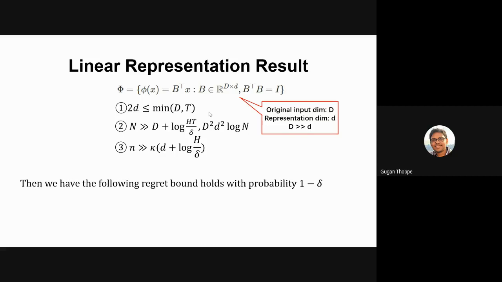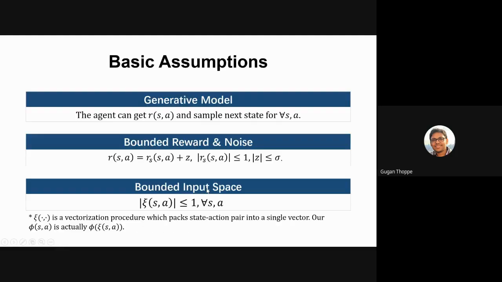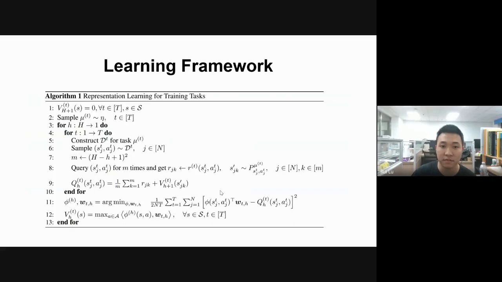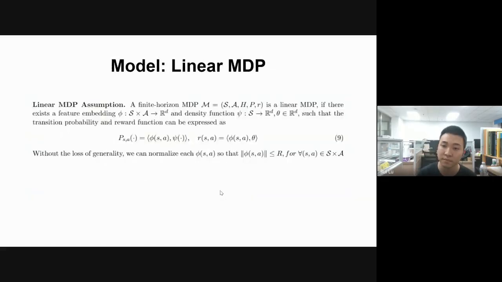Yeah, so can you just go to the initial slides where you had a bunch of assumptions? In particular, you made this assumption on the transition probability matrix and the reward function, right? Yes. Right at the beginning, where you defined this linear MDP model. Here.